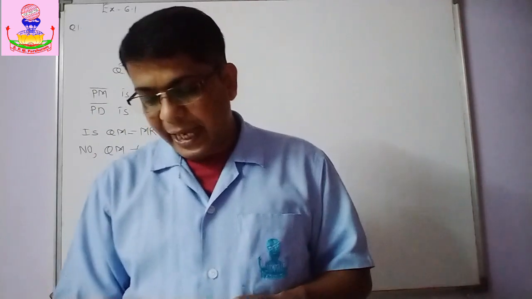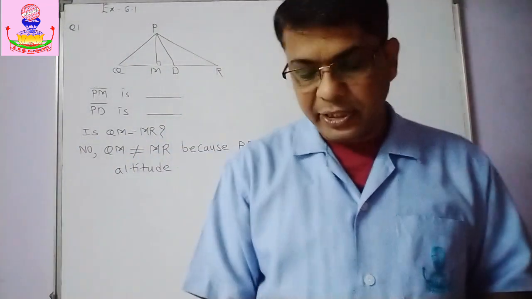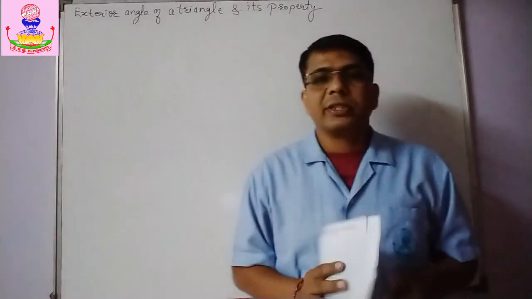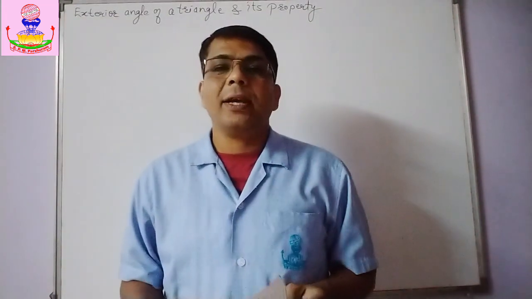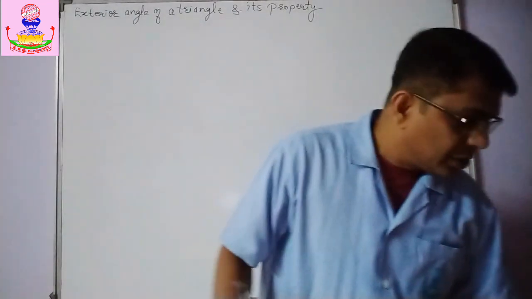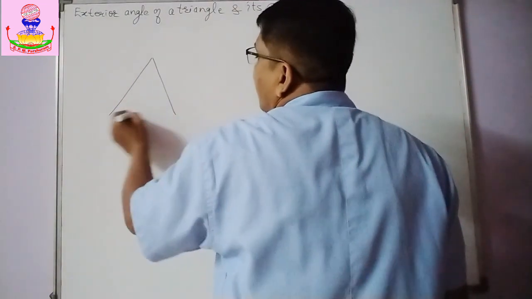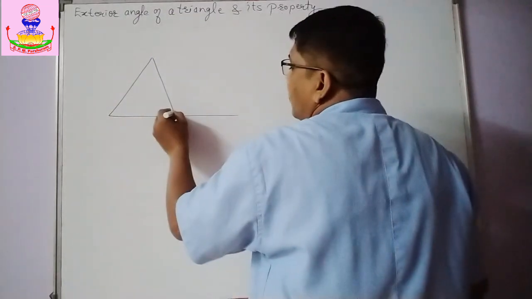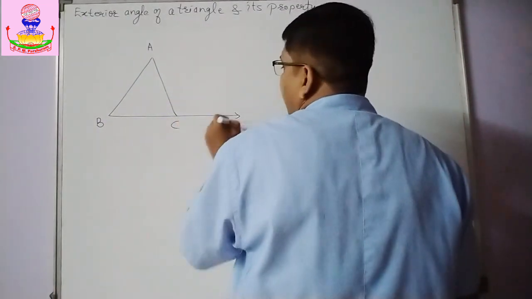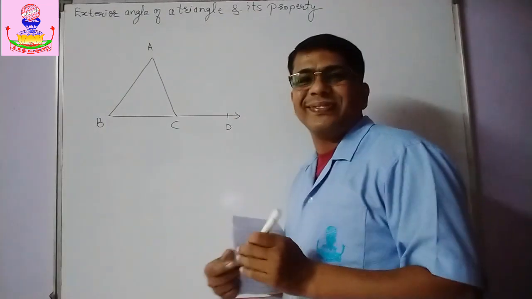Now let us move to the next property, that is the exterior angle of a triangle and its property. See, dear students, before coming to the exterior angle property, let us study what is meant by an exterior angle first. Suppose this is the triangle ABC, and suppose I extend one of its sides, side BC, and this is point D on it.